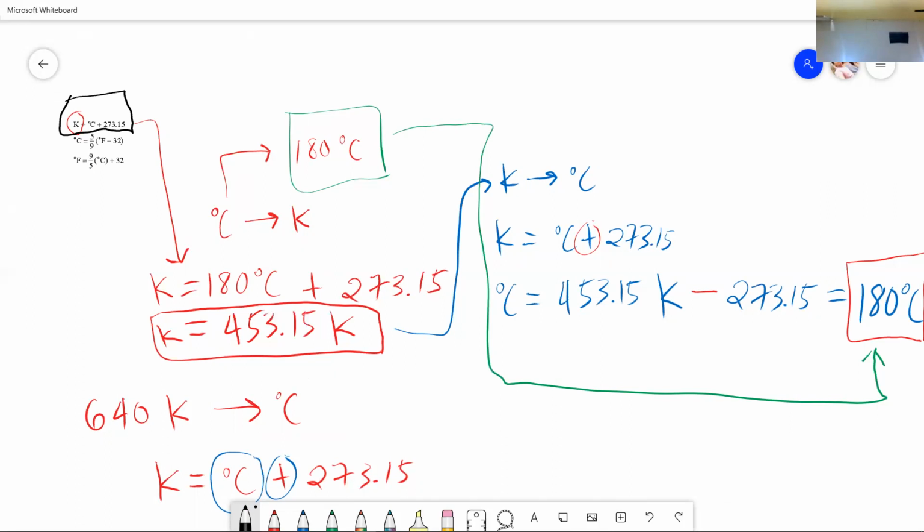So Kelvin minus 273 to convert to degrees Celsius.